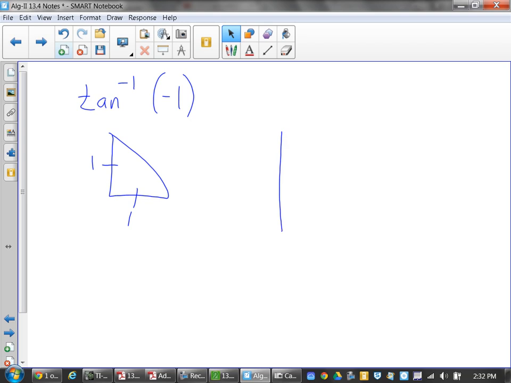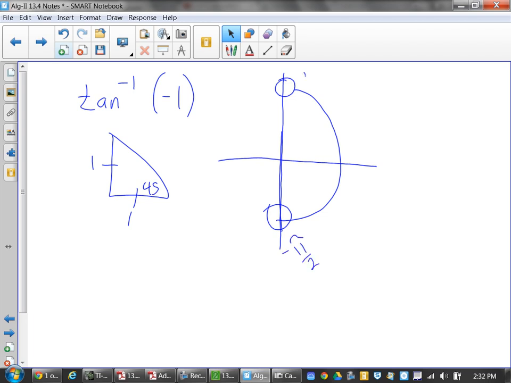Your tangent values start at pi over 2, not including it, and come down to negative pi over 2, not including it. If I'm looking for a negative tangent value, I'm going to drop into the fourth quadrant. If my parameters are between negative pi over 2 and pi over 2, isn't this just negative 45, or negative pi over 4?